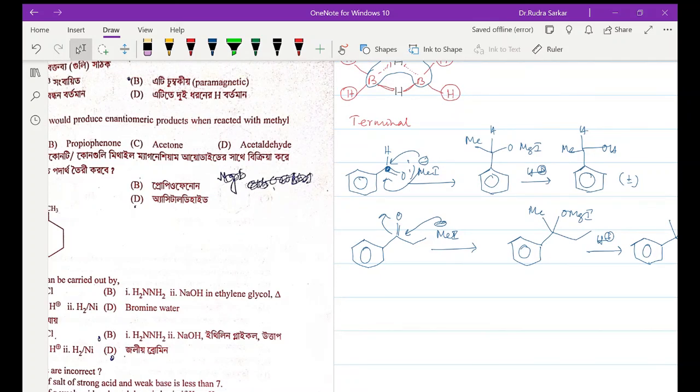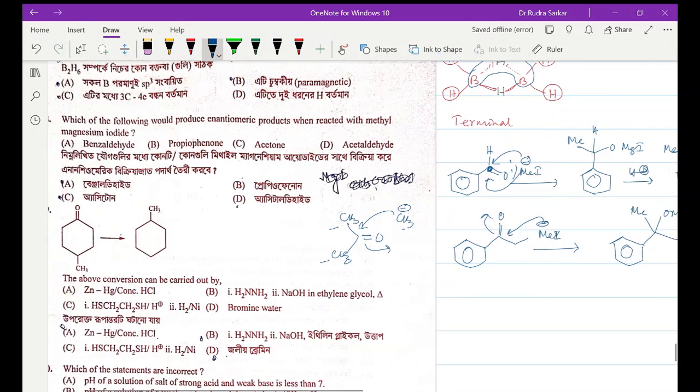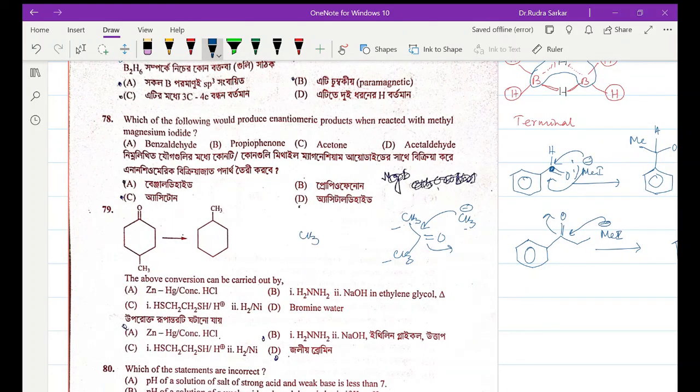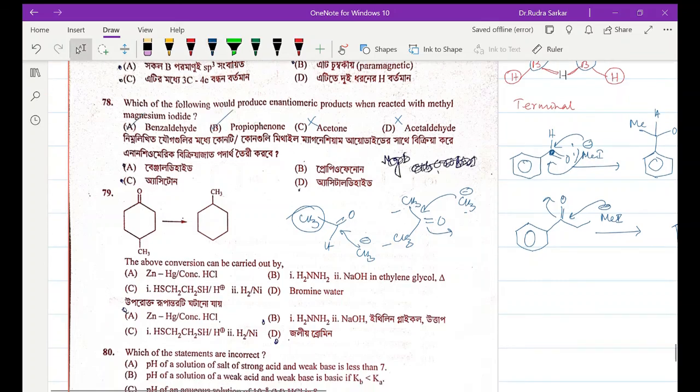But in case of acetone, not possible, because as you see from the structure of acetone, if you attack with one more CH3 minus, and this opens up, there are 3 equal groups, so not possible. Even in case of acetaldehyde, there is already a methyl and you are attacking with the methyl. So the alcohol that will be produced will be having 2 methyl groups on the same carbon. So this is not possible, but these are possible.